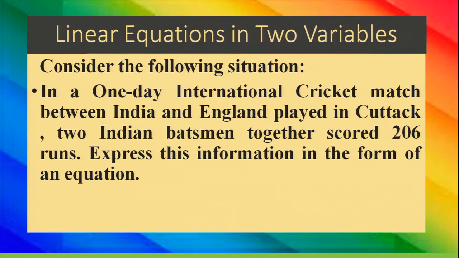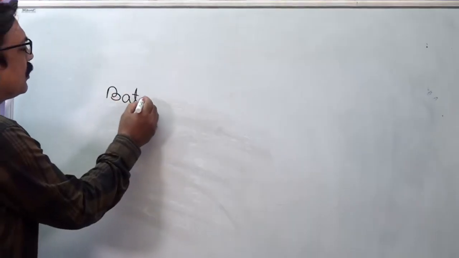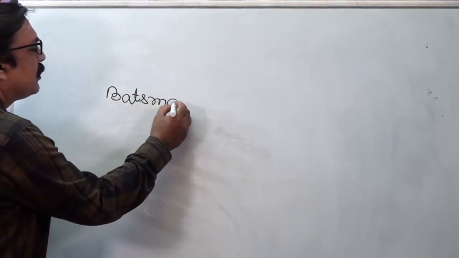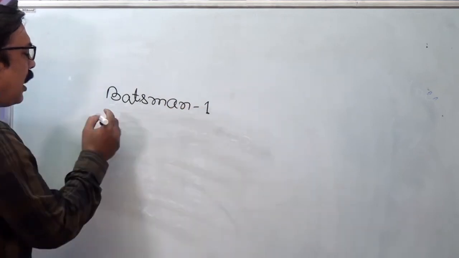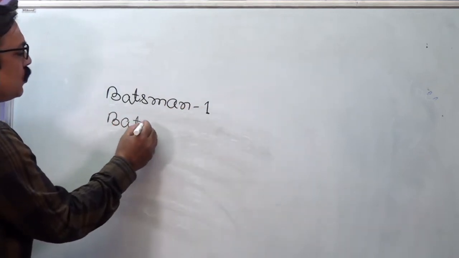In this case, we don't know which batsman has scored how many runs. Suppose batsman 1 and batsman 2.